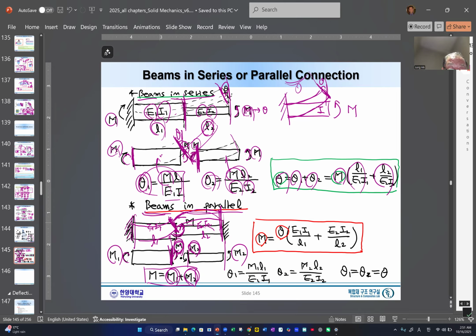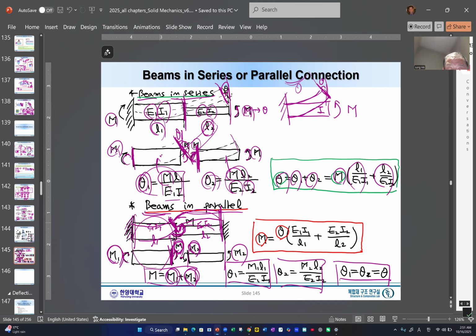So this guy on the left-hand side, due to the M1, we can have an equation. The angle on the right-hand side is given like that. But a very important point is that theta 1 and theta 2 are the same as the theta which will be observed at the cross section where we apply the moment.